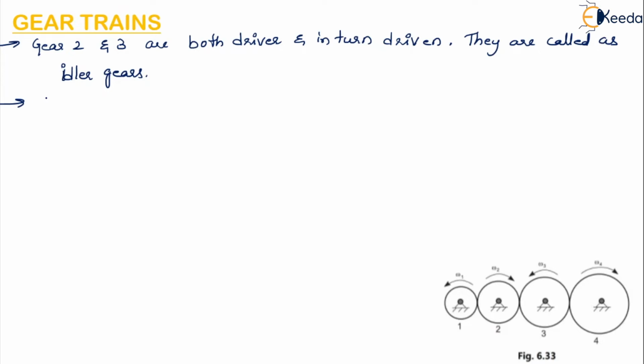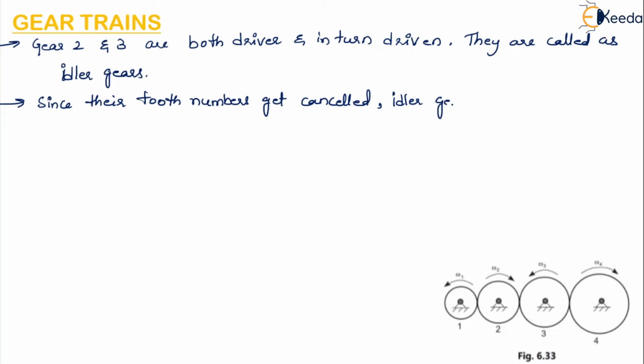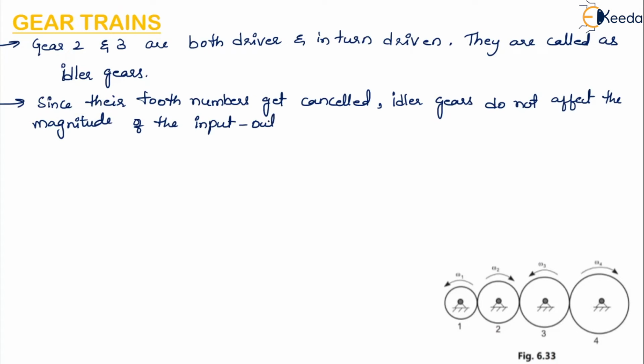Since their tooth numbers get cancelled, idler gears do not affect the magnitude of the input or output ratio, but idler gears change the direction of rotation.